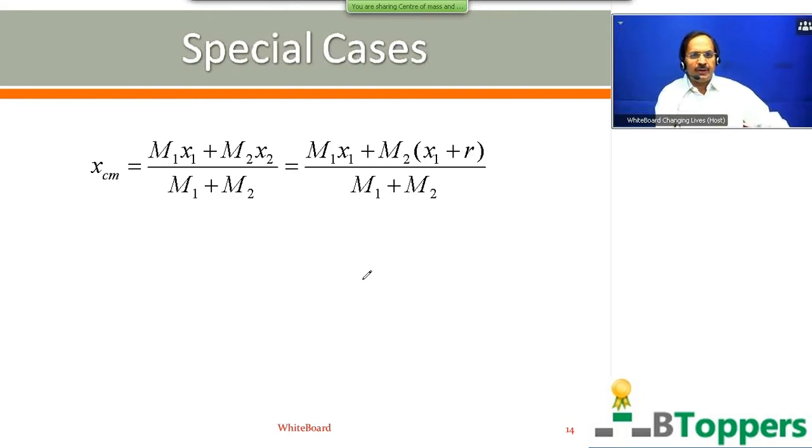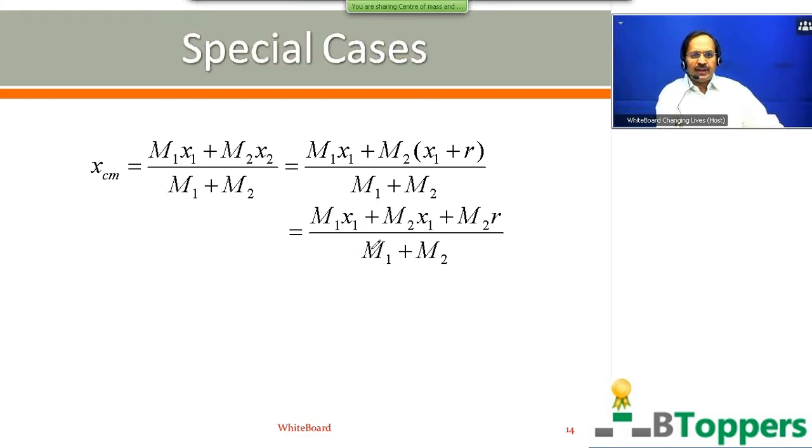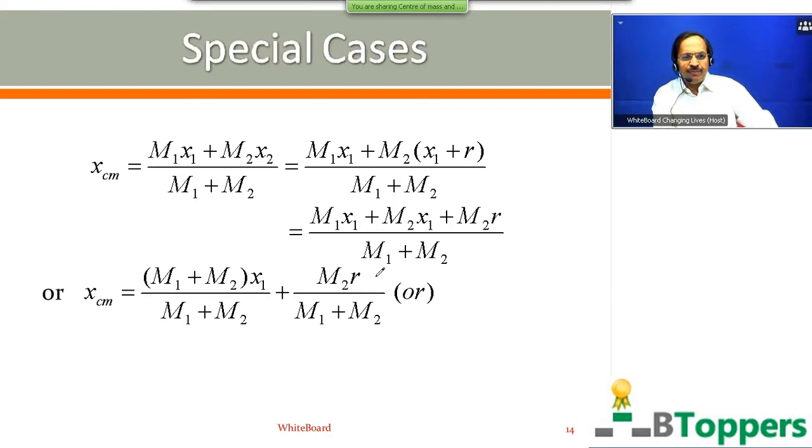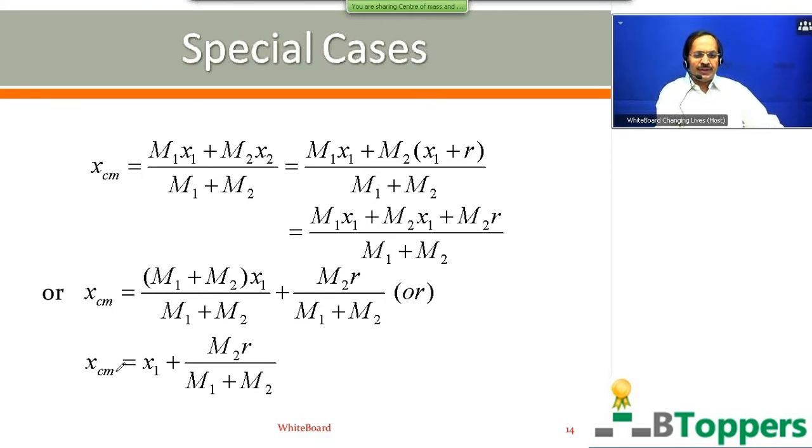So x2 I have substituted as x1 plus small r. This you can write as m1 x1 plus m2 x1 plus m2 r divided by m1 plus m2. You can take x1 common in the first two terms here. So x cm we get m1 plus m2 into x1 divided by m1 plus m2 plus m2 r divided by m1 plus m2. So x cm equal to x1 plus m2 r divided by m1 plus m2.